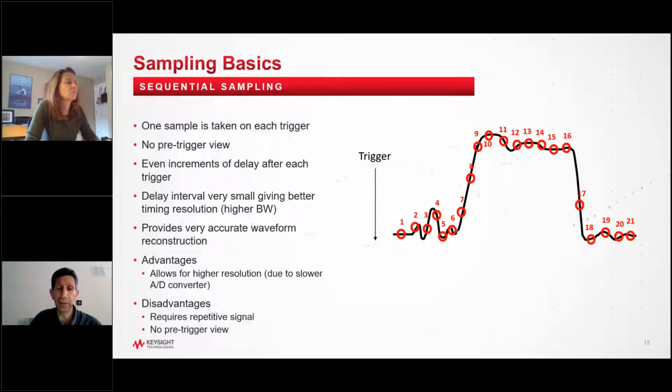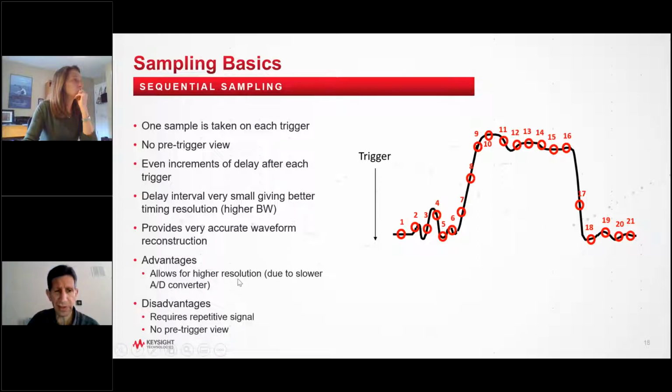So it's very accurate waveform reconstruction, again, typically used in high-speed serial applications compared to RF applications, and also in this platform for optical signals as well. If you have optical signals, we have modules in the sequential sampling realm that can directly digitize and analyze optical signals.